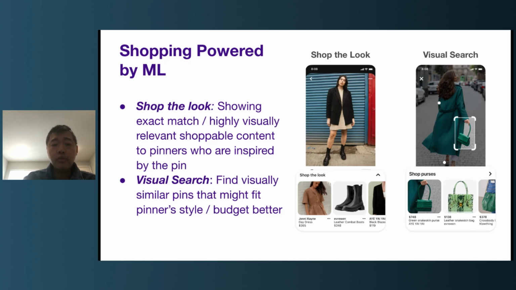Another product feature is visual search. There, we enable our users to see related items that may fit their style or budget better. What this means is, let's say you like a green purse, but it might be very expensive, at a price of $700.